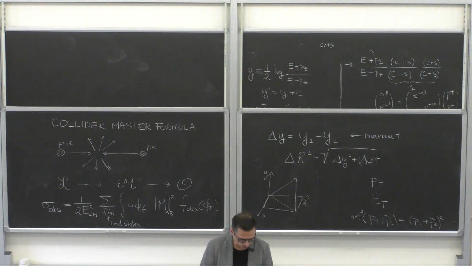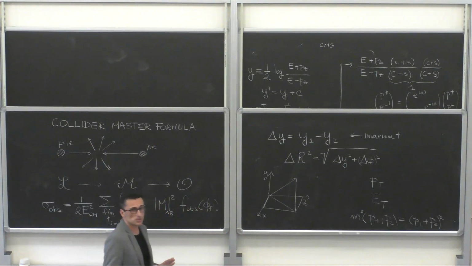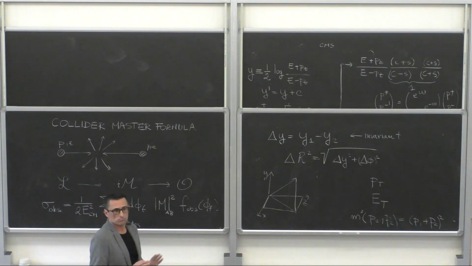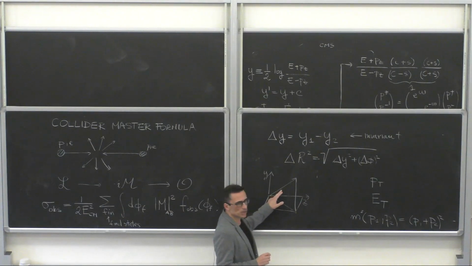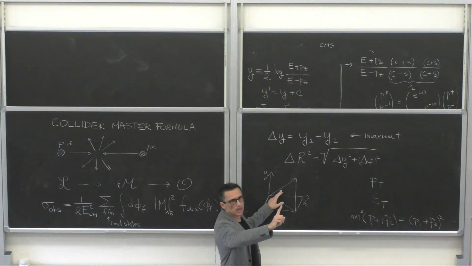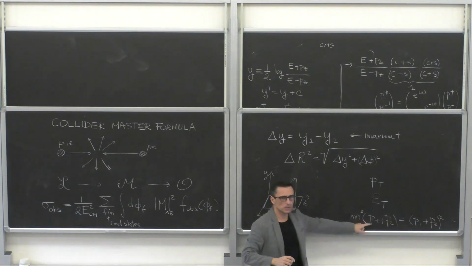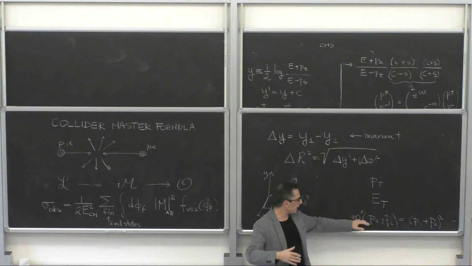Okay. So this is the introduction. Are there questions? Is everything clear? So whenever we can see a particle, because it's charged, it leaves a track in the detector, and then energy in the calorimeter, we can build the four-momentum and build even invariant masses.